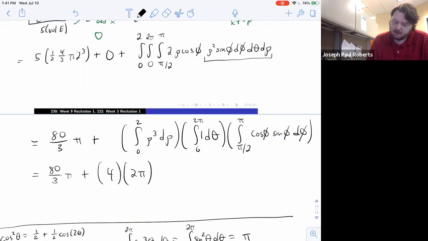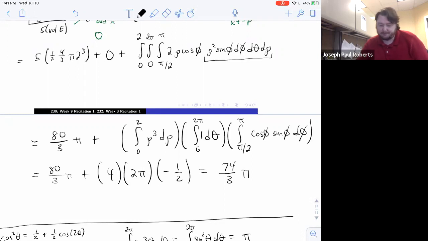And then finally, antiderivative of that could be sine squared phi over 2, which between pi and 0 gives you, pi over 2 and pi gives you a minus 1/2. So whatever that ends up being, 80/3 pi minus 2 pi is what, 74/3 pi.